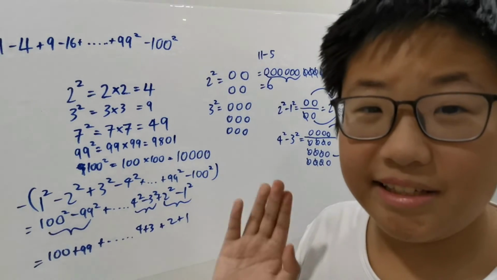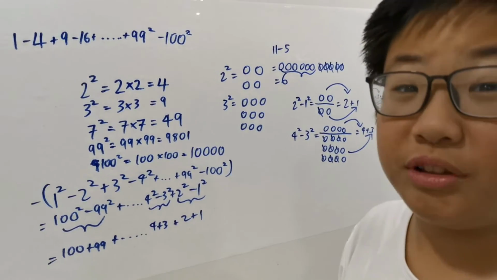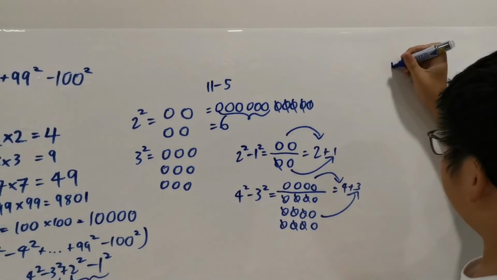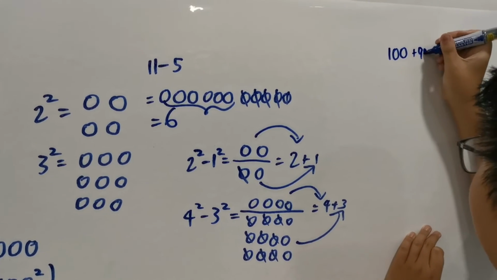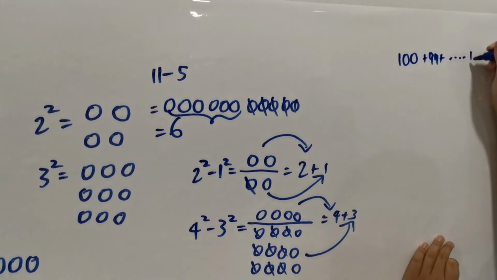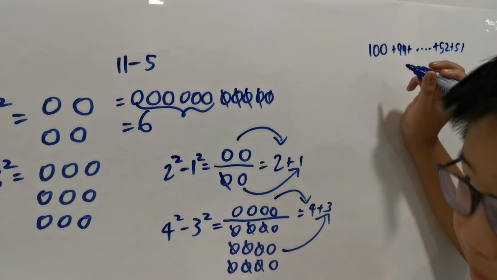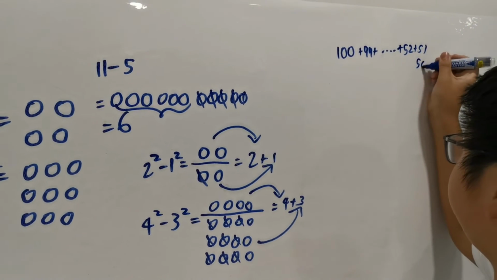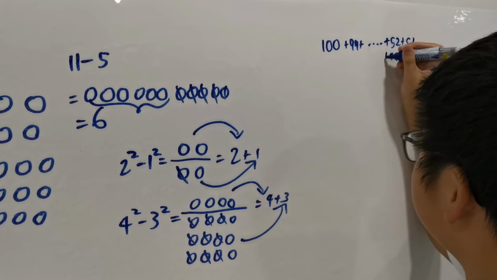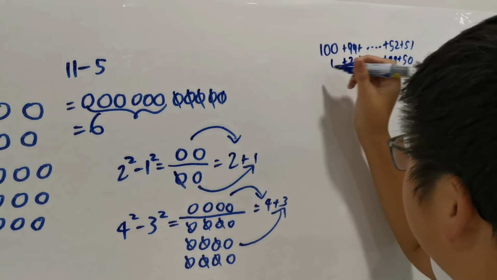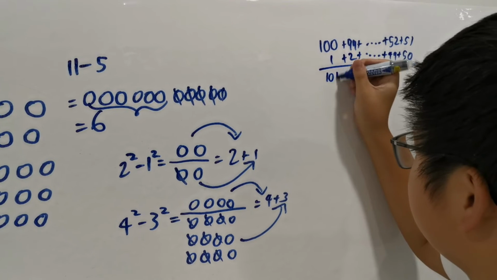Now let's align these numbers in the form of a folded meter stick. 100 plus 99 plus ... plus 52 plus 51. Then we put the same numbers below, 50 plus 49 plus ... plus 2 plus 1.